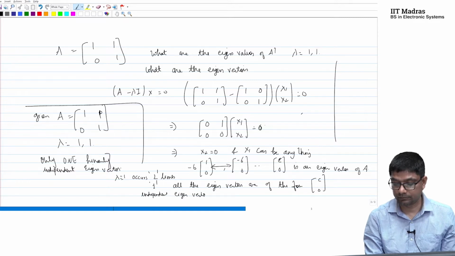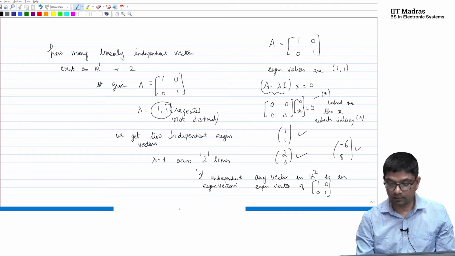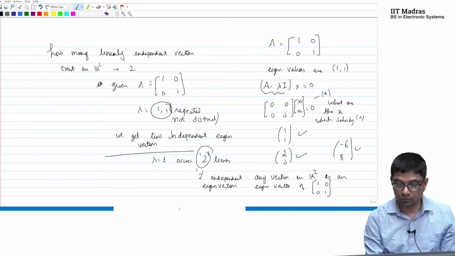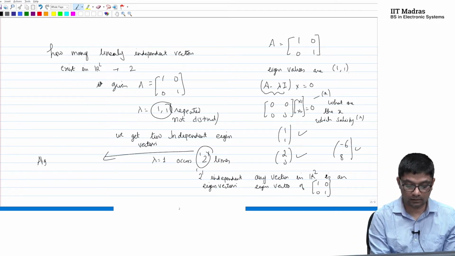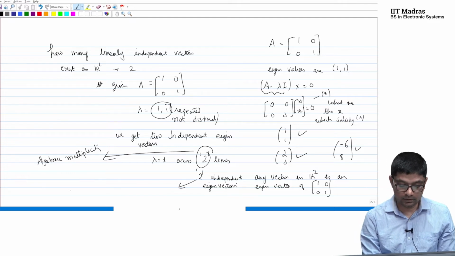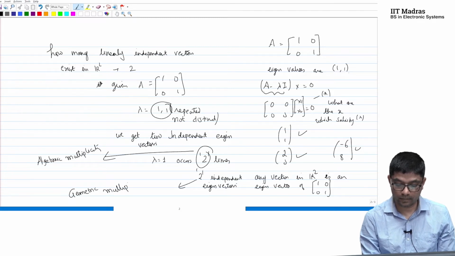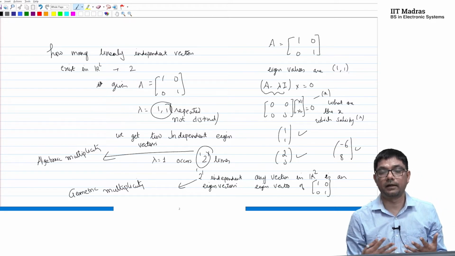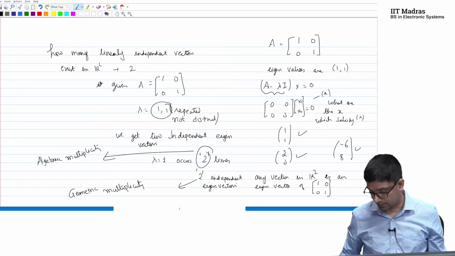Okay, so this number here, this 2, we will call the algebraic multiplicity, the number of times a single eigenvalue occurs, and this will be called the geometric multiplicity, the number of linearly independent eigenvectors associated with that repeated eigenvalue.